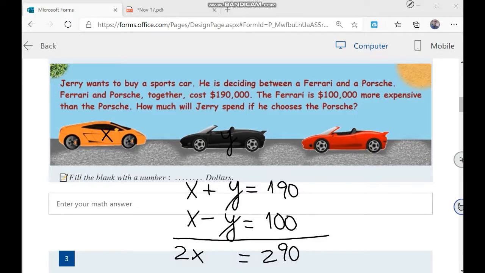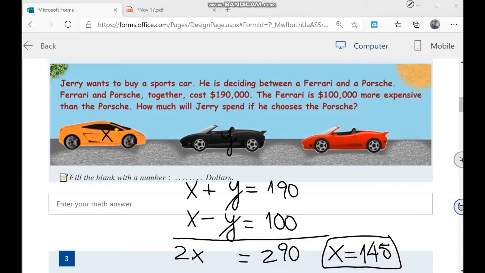So we have 2x, 2 times the price of the Ferrari, is 290. Divide by 2, x equals 145.